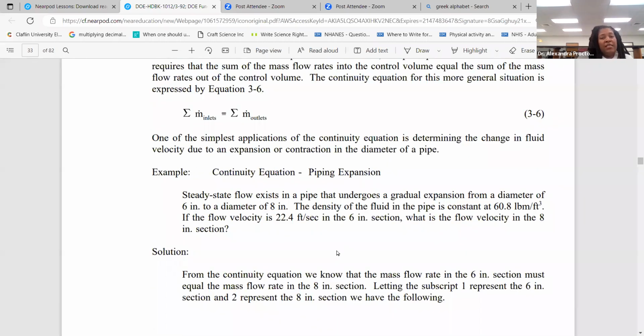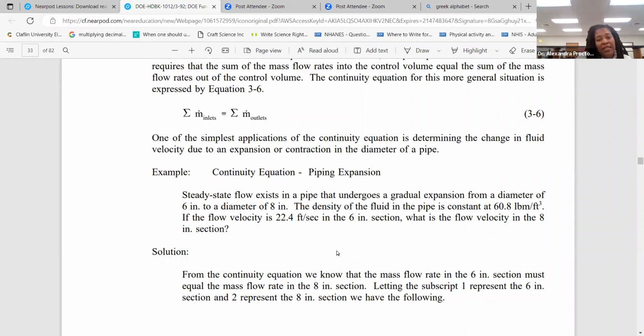So one of the simplest applications of the continuity equation is determining the change in fluid velocity due to the expansion or contraction in the diameter of a pipe. So steady state flow exists in a pipe that undergoes gradual expansion from a diameter of 6 inches to 8 inches. The density of the fluid in the pipe is constant at 60.8 pound mass per cubic foot.